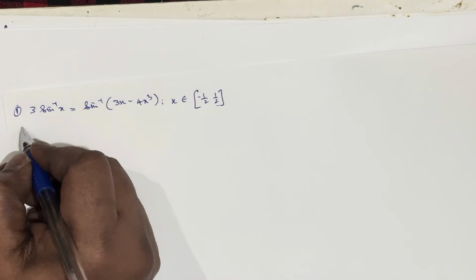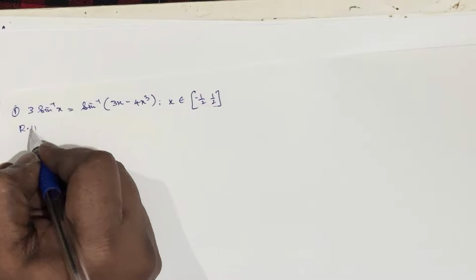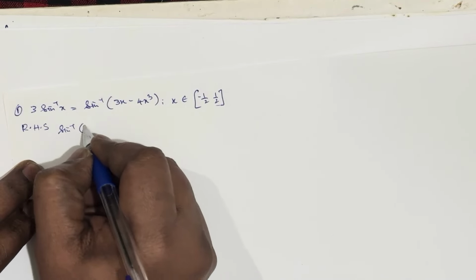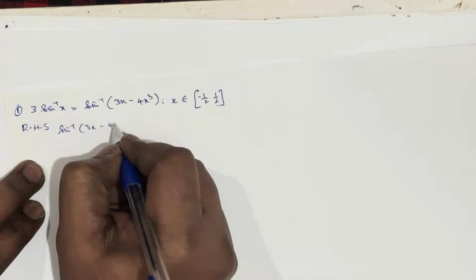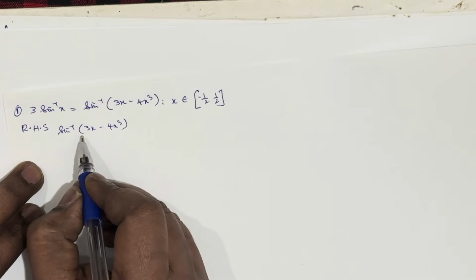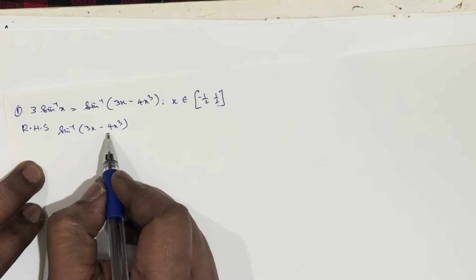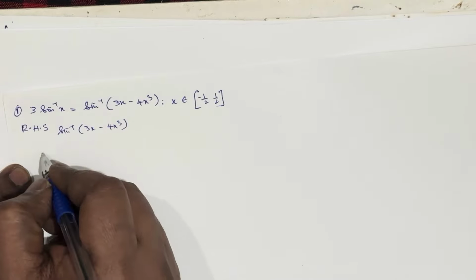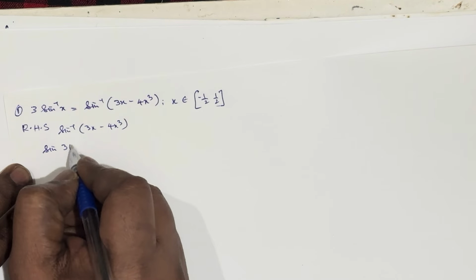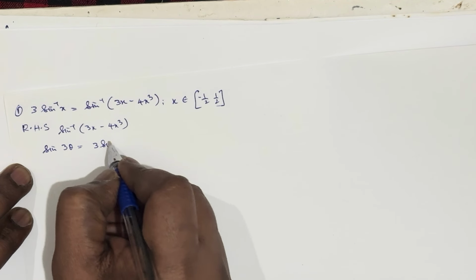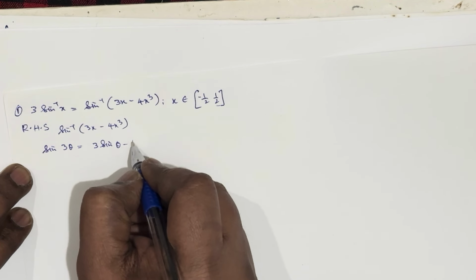Okay, so we'll take the right hand side, RHS, that is sine inverse 3x minus 4x cube. Now see, this resembles a trigonometric formula, that is sine 3 theta is equal to 3 sine theta minus 4 sine cube theta. This is the formula.